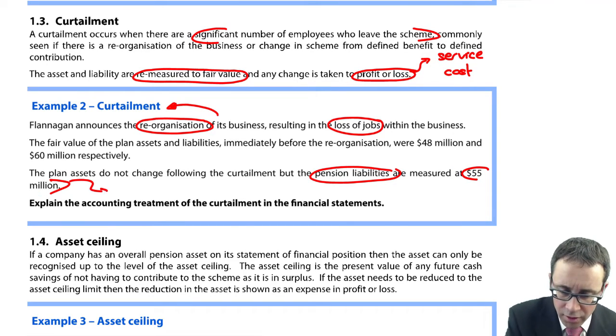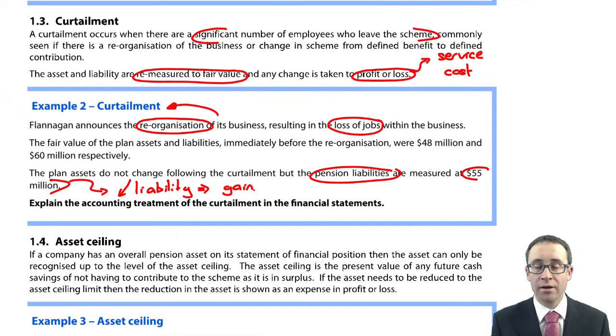So what you've got there is a reduction in your liability. A reduction in a liability is a gain. It's a bit of a bonus. I'd have thought normally that you would make a loss when you remeasure the pension scheme, because normally you have to compensate the employees for being made redundant, or compensate them for leaving the better scheme and going to the worse scheme, so going from the defined benefit to the defined contribution scheme.